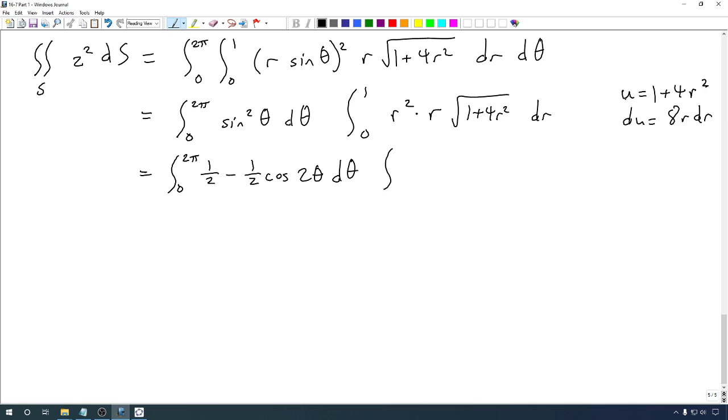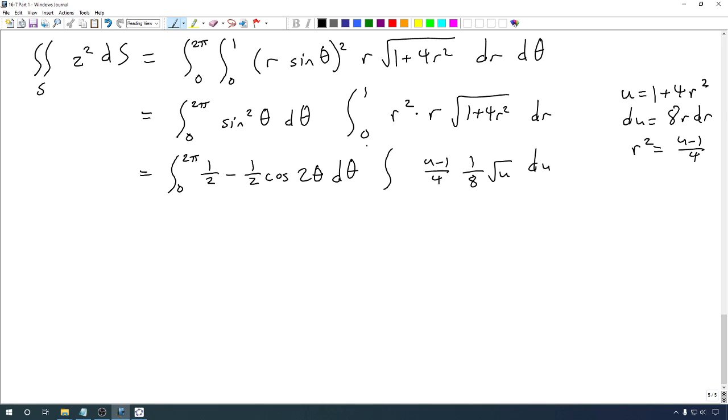Essentially, if I take u minus 1 and divide that by 4, I get r squared. So here I'm going to replace that with a u minus 1 over 4. I'm going to replace the r dr with a 1/8. And I still have a square root of u. But this will be a lot easier than what we had up here, because we can turn this into a power of u and distribute it to the u and the 1.